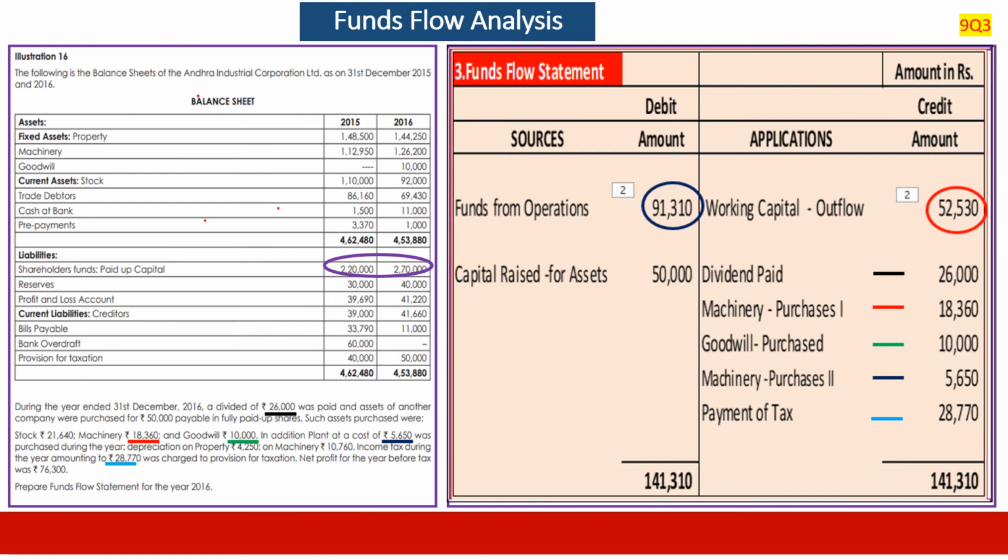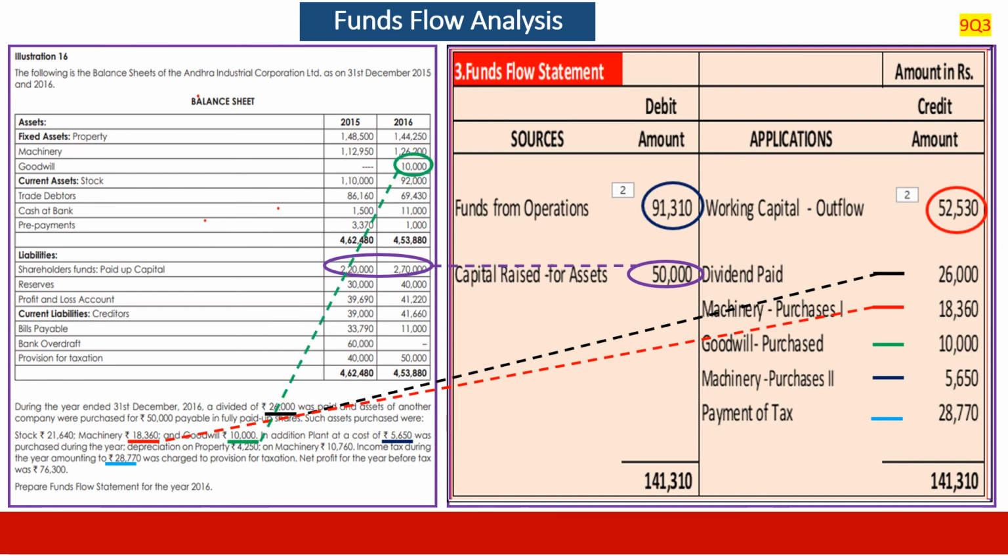As we saw, 220 became 270 when we purchased the stock and other assets. We issued capital of 50,000, that is posted here. Then we have got dividend paid 26,000. We purchased machinery worth 18,360, and we purchased goodwill worth 10,000.